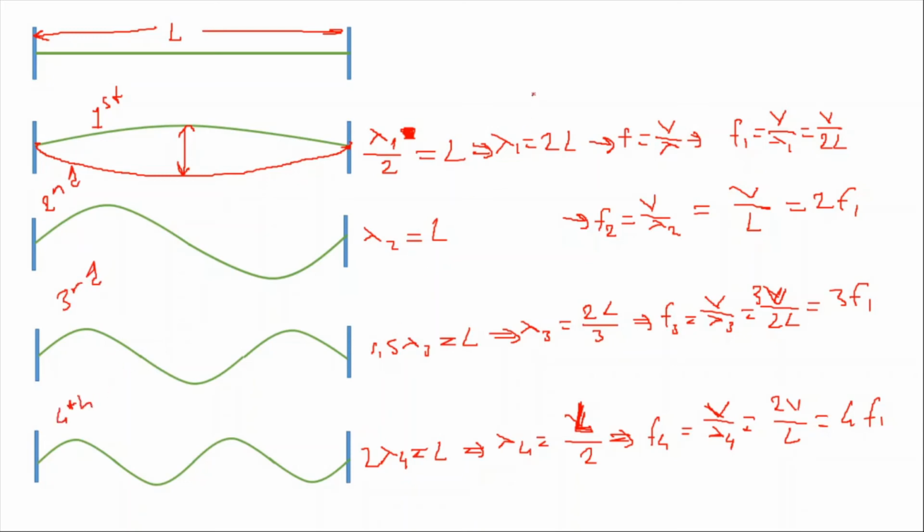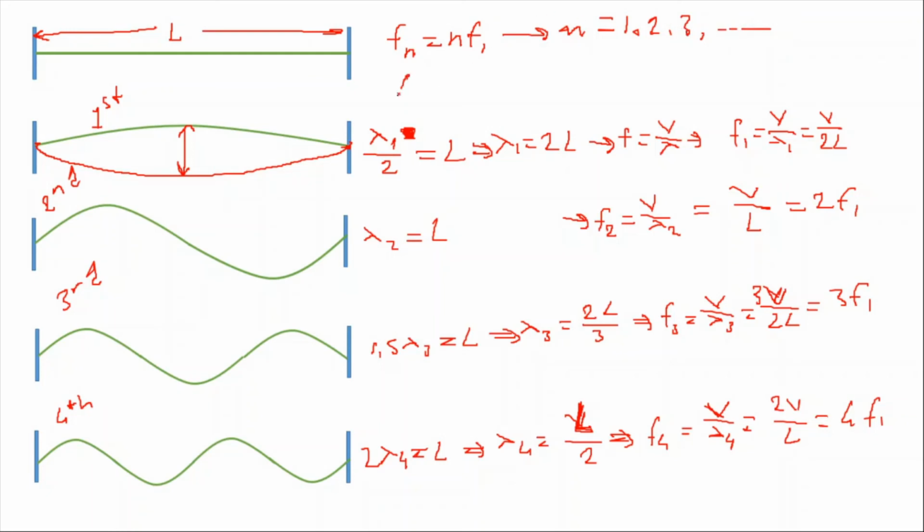So let's find some formulas. As you see, this is F1, and this is 2F1, 3F1, 4F1. So for the frequency, we can write Fn is equal to n times F1, where n is equal to 1, 2, 3.